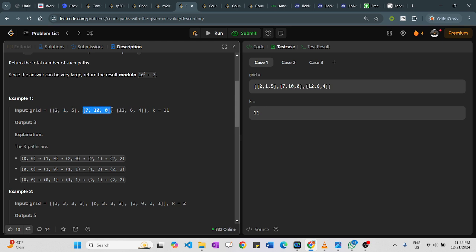This is a 3x3 grid, and the value of each cell has been given here, and there is another integer, 11, that is k, and you have to tell how many paths there are to visit from 0 comma 0 to n minus 1 comma m minus 1, such that the XOR of all the values along the path we have followed will be exactly equal to k.